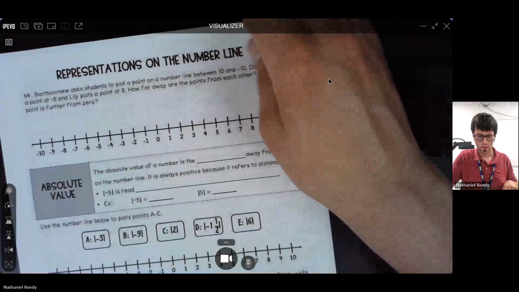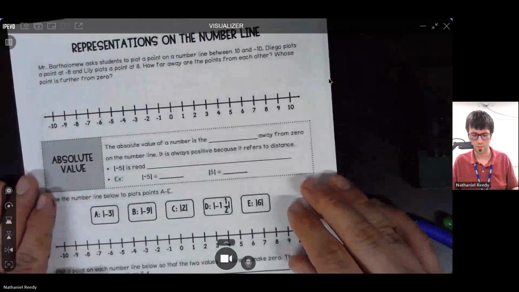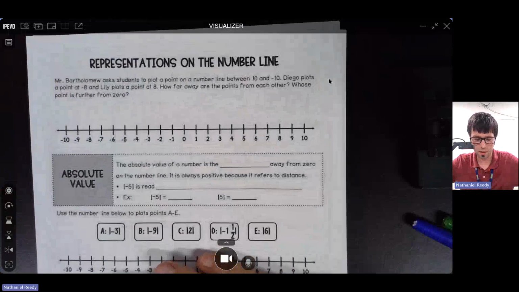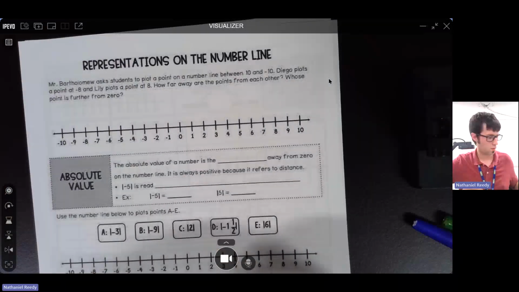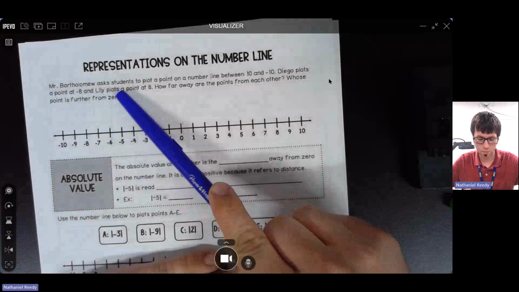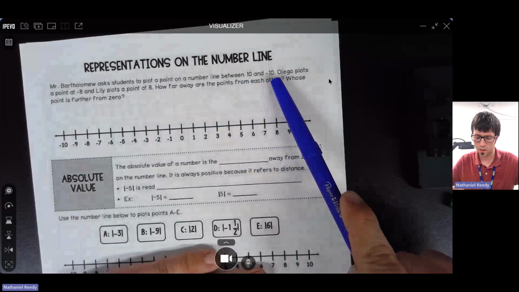All right, so now we're talking about distances on the number line. Let's just read the first problem and I'll talk about what I mean. Mr. Bartholomew asked students to plot a point on a number line between 10 and -10.